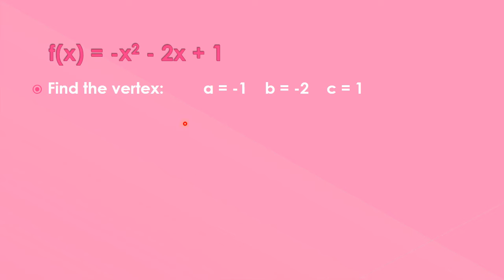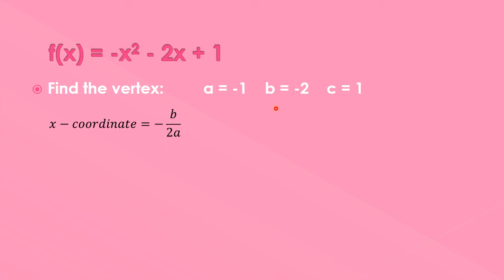A in this equation is negative 1, b is negative 2, and c is 1. To find the x coordinate for the vertex, we will use the formula negative b over 2a.